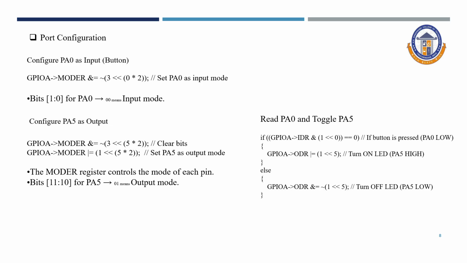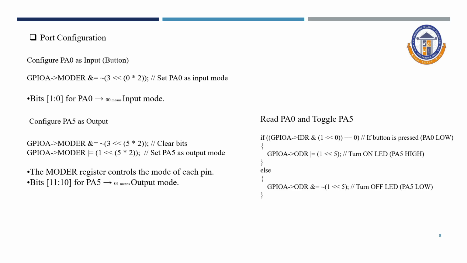If I consider port A0 as an input pin, it means I am going to give information to the STM32 microcontroller. For example, if I connect a button to that particular port pin, PA0 is port A's 0th pin. So how do I configure it?